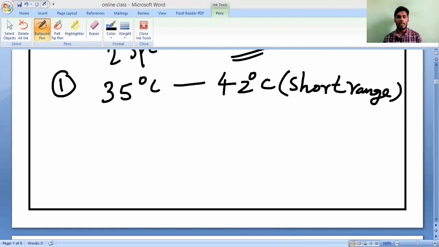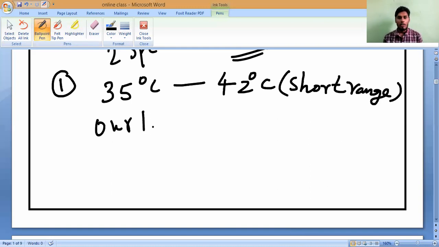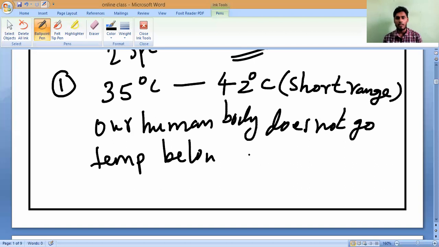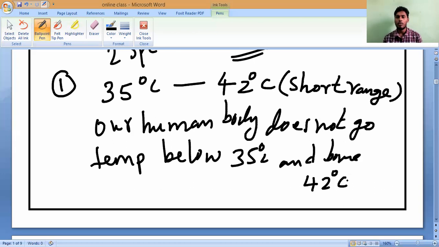Do you understand, both of you? So why are we designing it this way? That is the special feature. Our human body temperature does not go below 35 degrees Celsius, and above how much? 42 degrees Celsius.